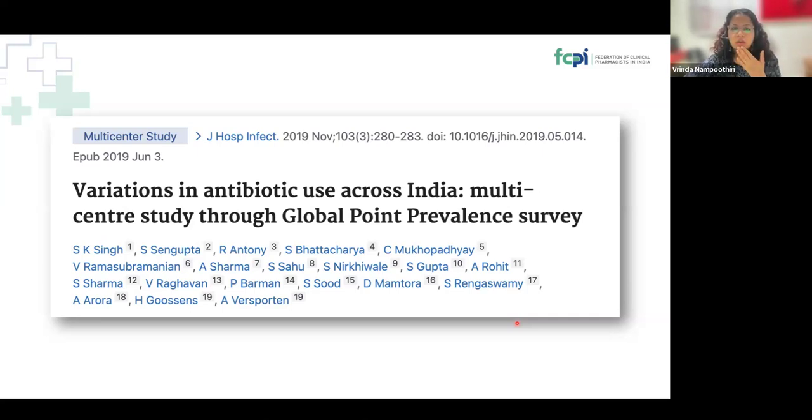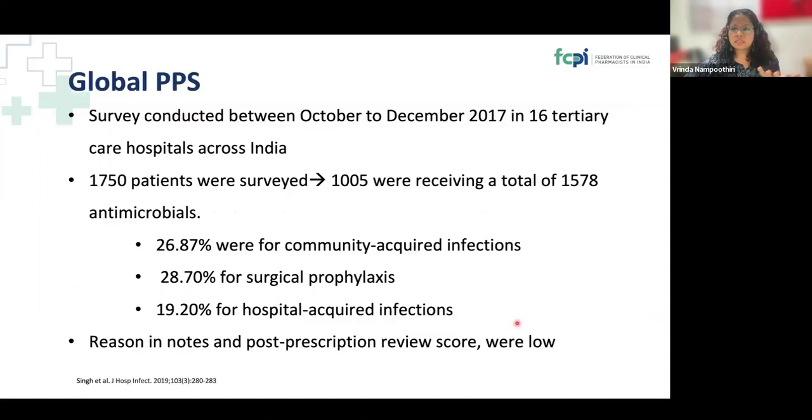This is one global PPS publication that has come out from India, where 16 tertiary care hospitals collaborated on this study, and altogether they evaluated 1,750 patients, of which 1,005 were receiving antimicrobials. This PPS found that documentation of reason in notes and post-prescription review score was very low.